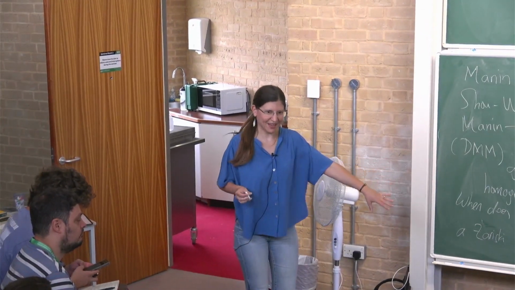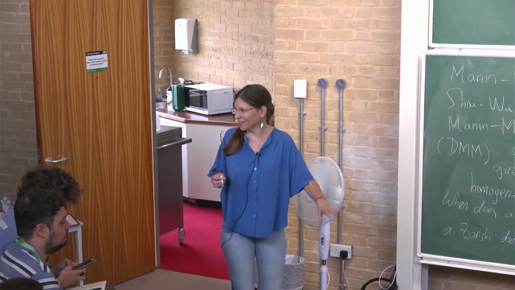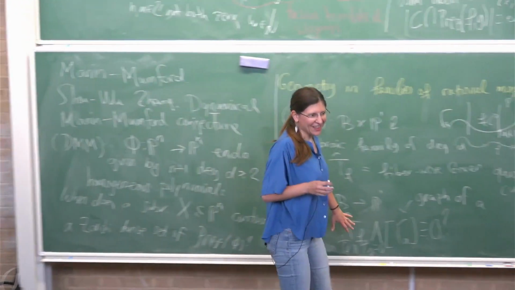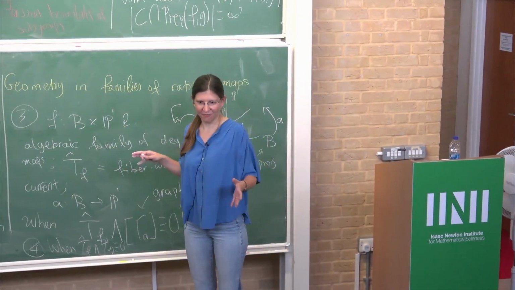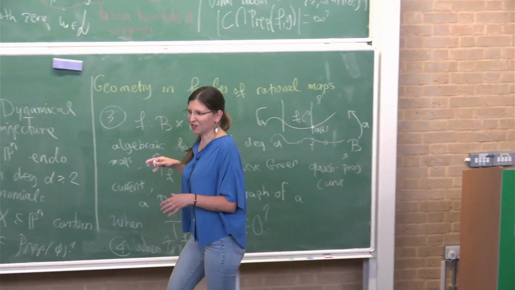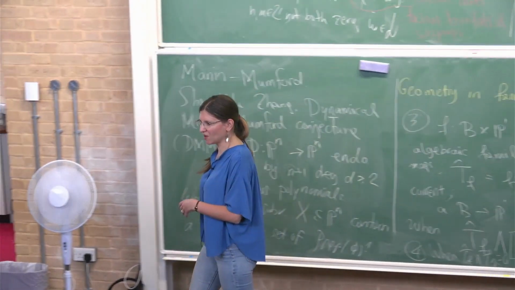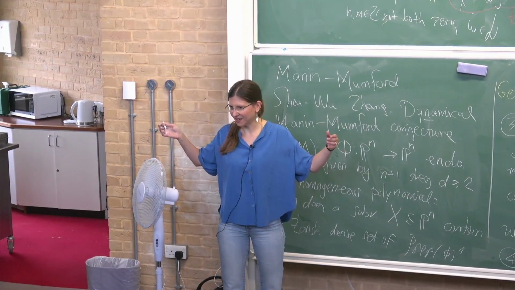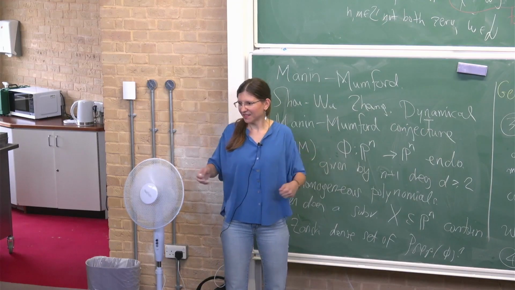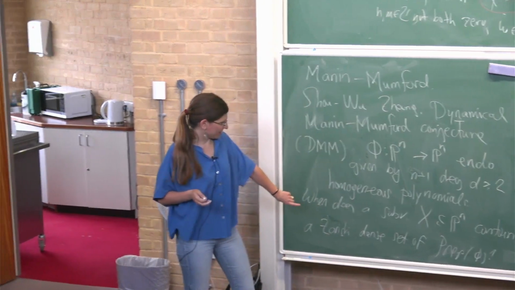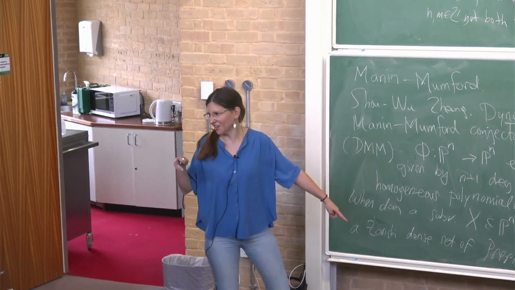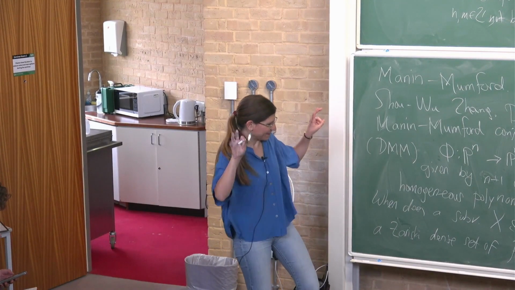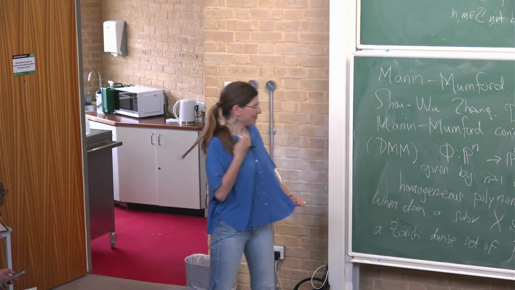Maybe you have forgotten the Zariski topology or you never saw it. If X is a curve, then this just means an infinite set of preperiodic points. If not, the closed sets in the Zariski topology are zeros of equations given by polynomials. So it's kind of a weak topology. A Zariski closed set is Euclidean closed, but not the other way. But it's our way to say many points here.